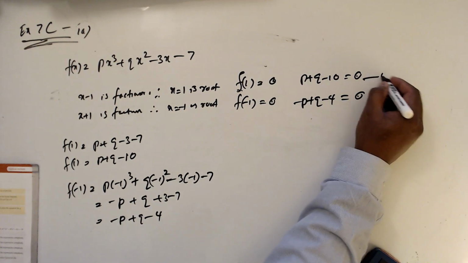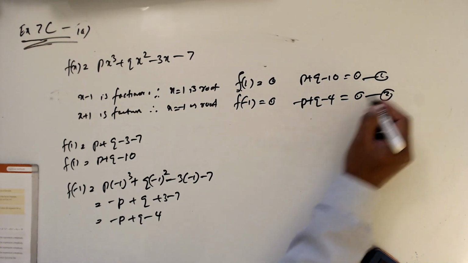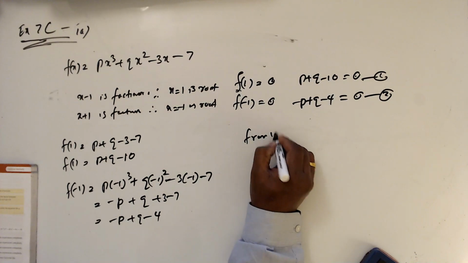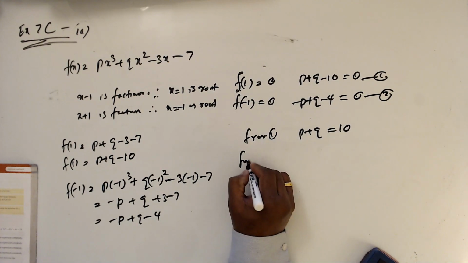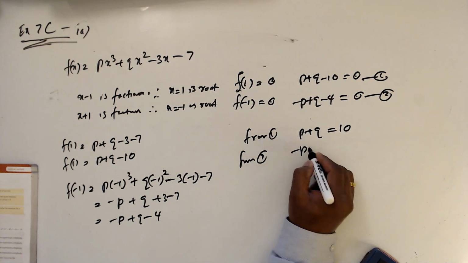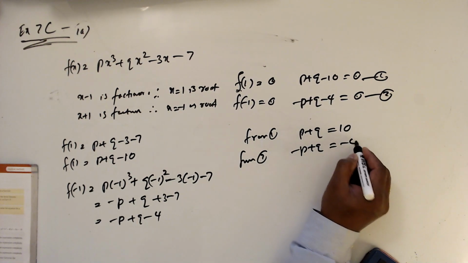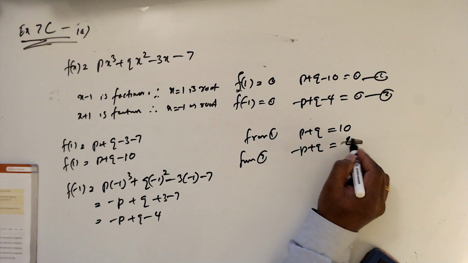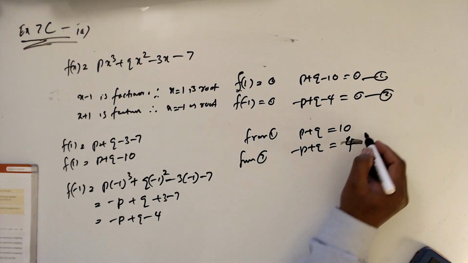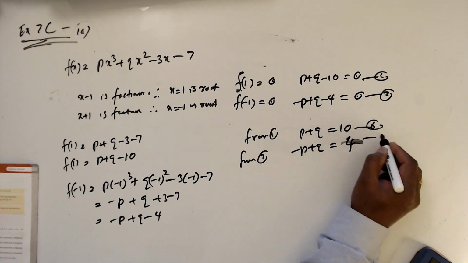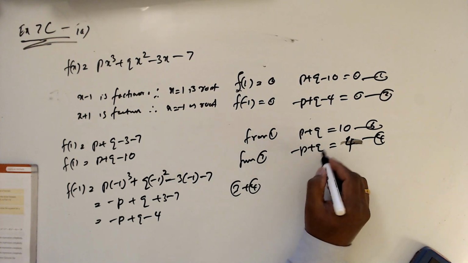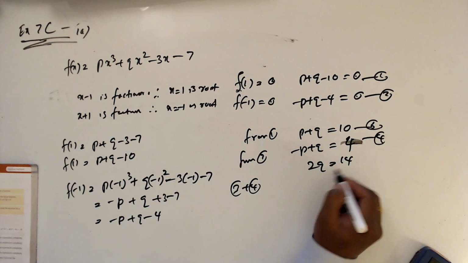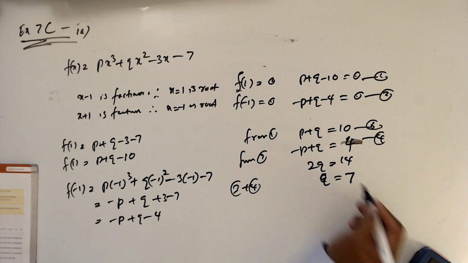Now this is equation 1 and this is equation 2. From 1, p plus q equals 10. From 2, minus p plus q equals 4. Then we add those two together, and the p cancels out. Q equals 14, so q equals 7.